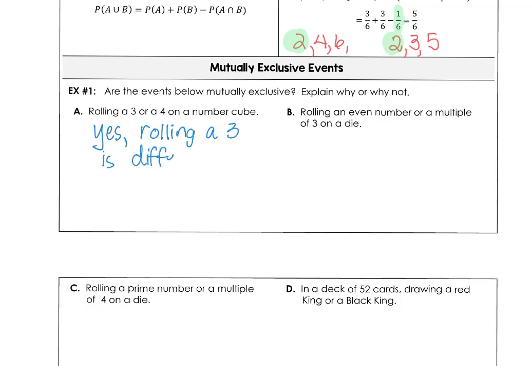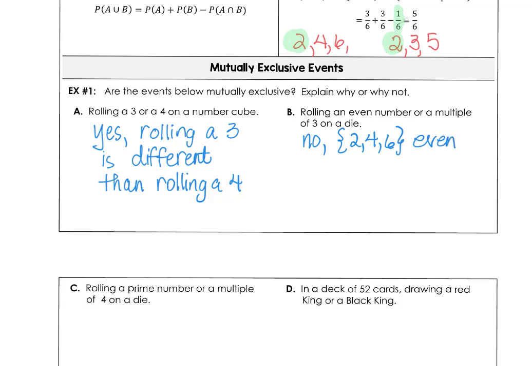In part B, we want to know rolling an even number or a multiple of 3 on the die. So we've got to think of the sample space in each case. I'm going to say no, because the even numbers 2, 4, and 6 are even, but multiples of 3 are 3 and 6.